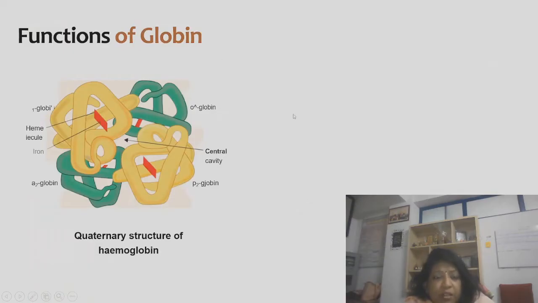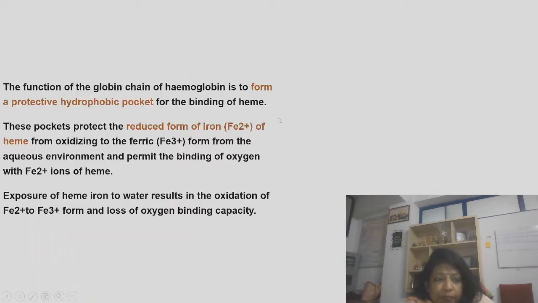Now, what are the functions of the hemoglobin? Function of the globin chain of hemoglobin is to form a protective hydrophobic pocket for the binding of heme. These pockets protect the reduced form of iron of heme from being oxidized to the ferric form by the aqueous environment and permit the binding of oxygen with Fe2+ ions of heme.